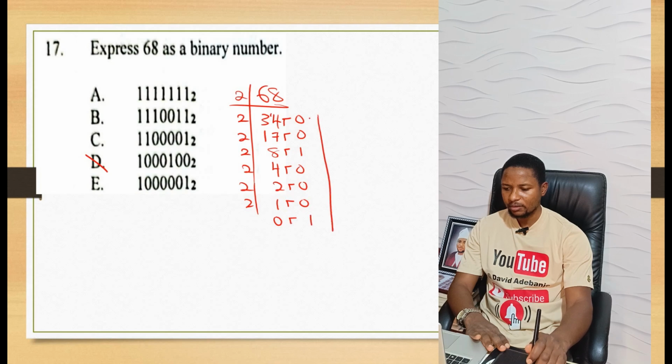So your answer is from the bottom to the top. So you have 1, 0, 0, 0, 1, 0, and 0.